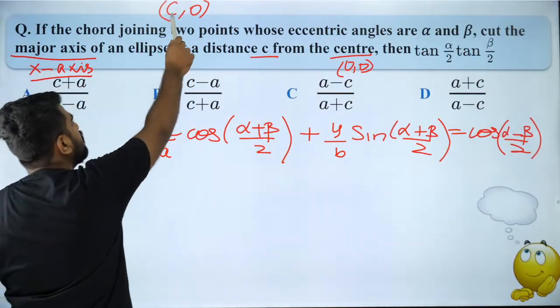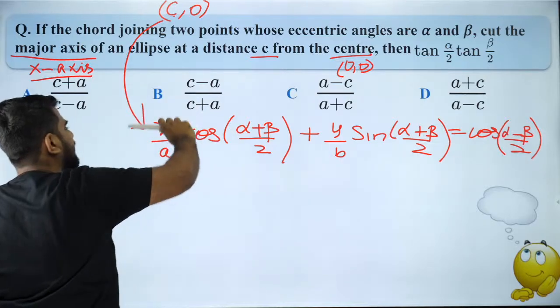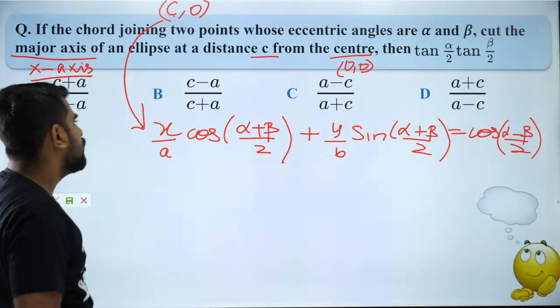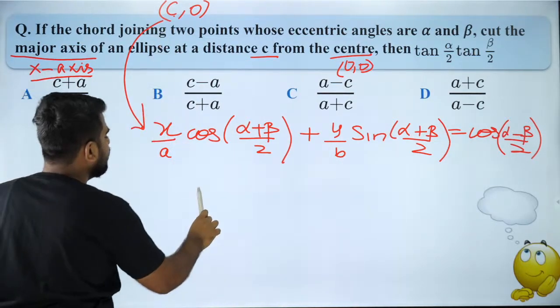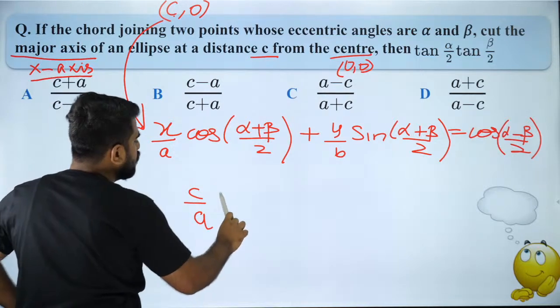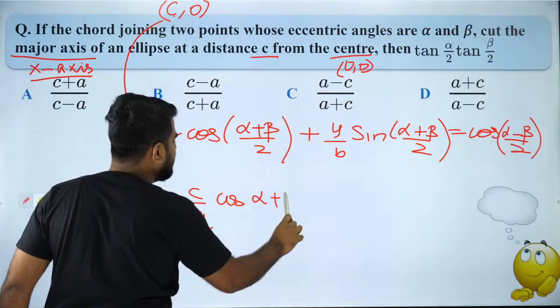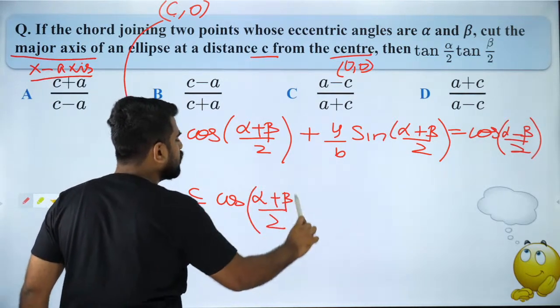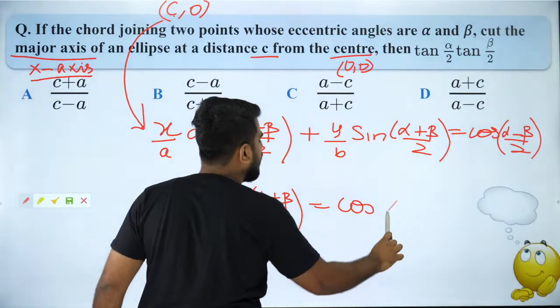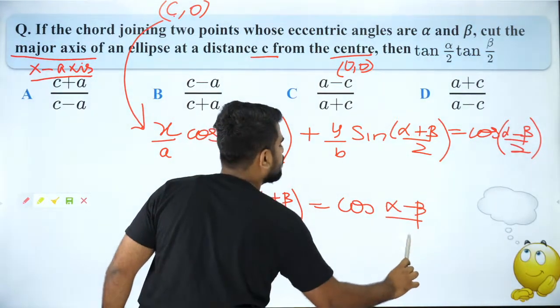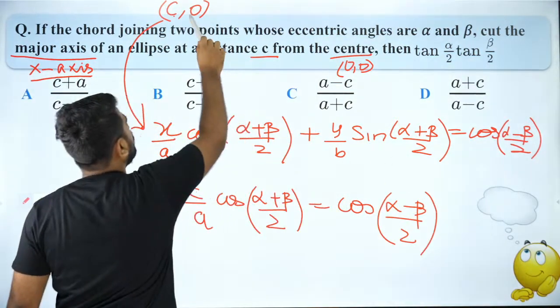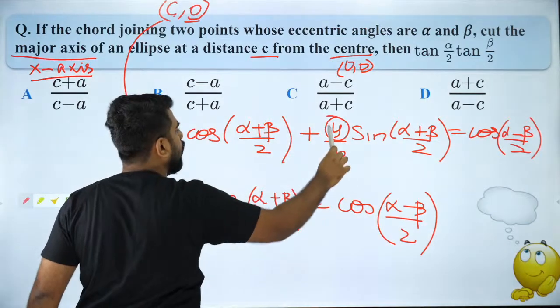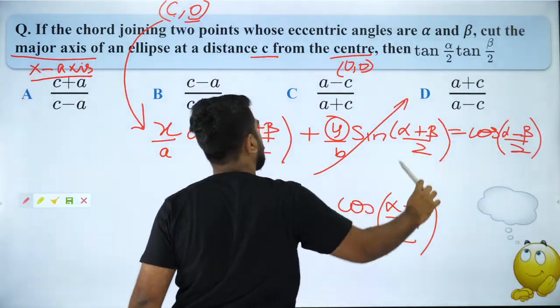So if I substitute this point on this line, it has to satisfy it. So let's substitute that. I will get c by a into cos of alpha plus beta by 2 is equal to cos of alpha minus beta by 2. Because your y coordinate is 0, if I put y is 0 over here, this whole term goes off.